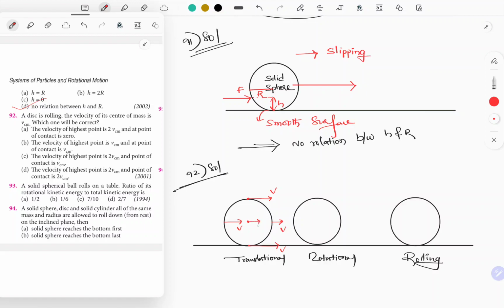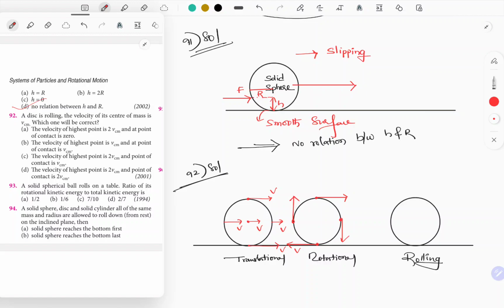So the center of mass also moves with velocity v. Rotational motion is a spinning motion. In spinning motion, the particle at the top will move forward, the particle at the bottom will move backward. So the particle at this position moves downward, the particle here moves up.